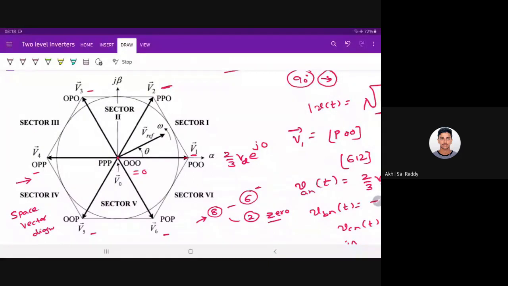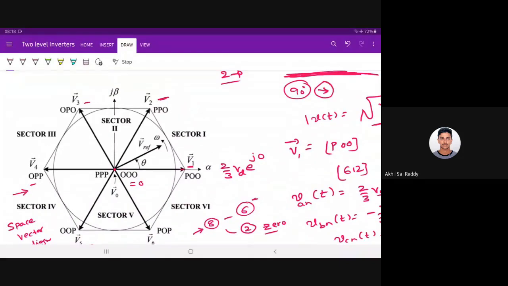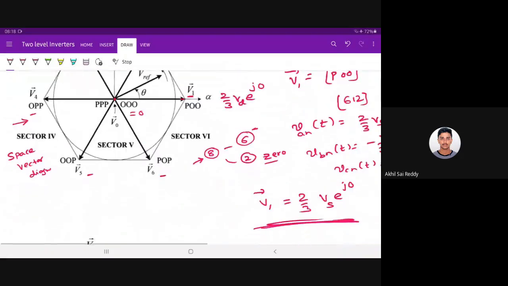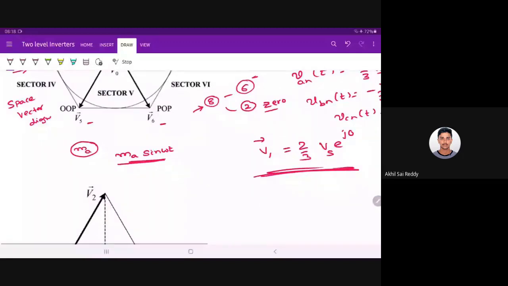Once you have formulated this, you want to control the output voltage. In the case of the sine PWM technique, you require a modulating signal, which may be in the form of Ma sine omega t, basically a sine wave. Clear?